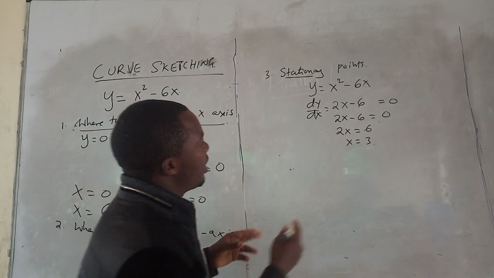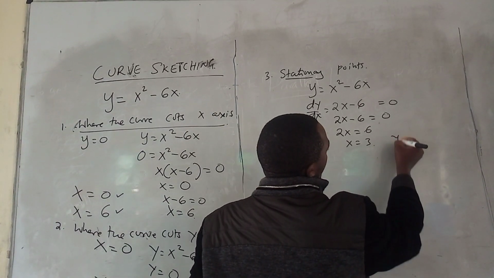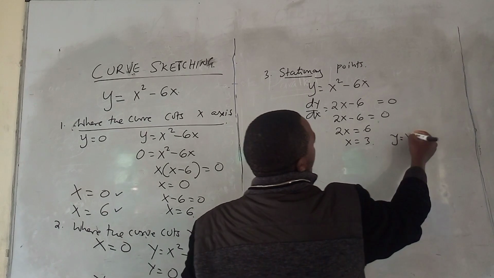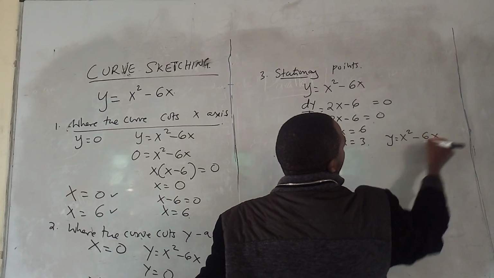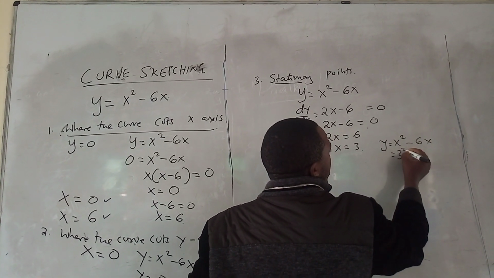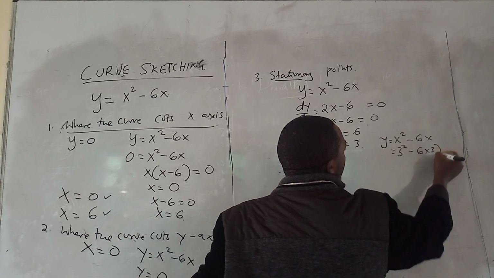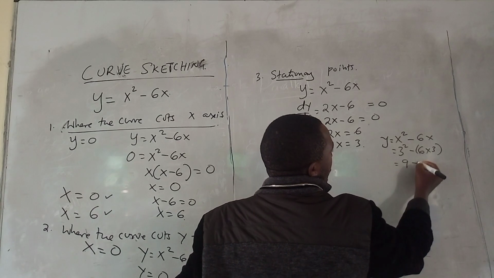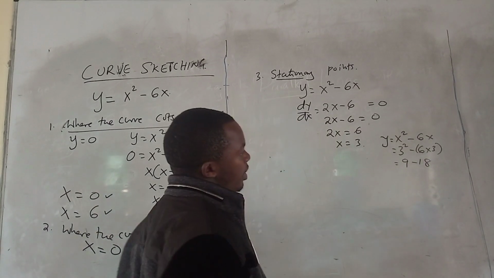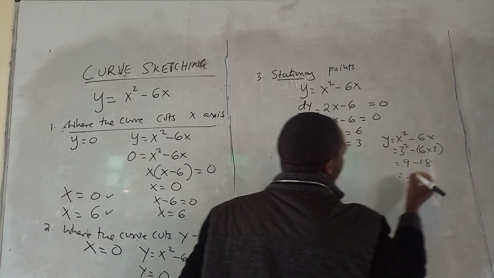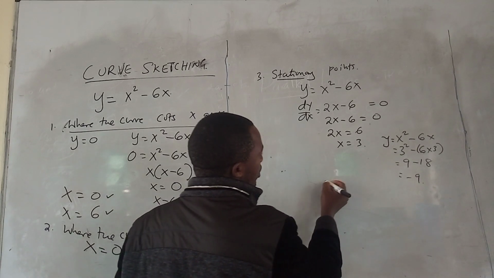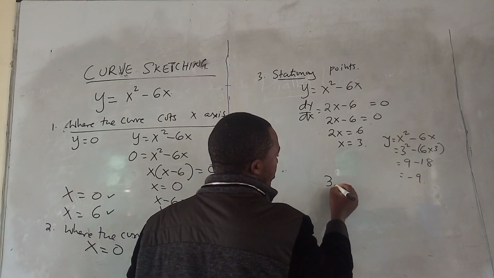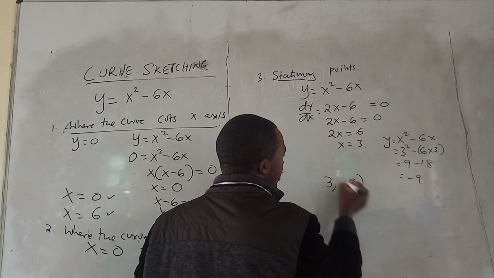I need to get the other one, which is y, equal to x squared minus 6x, the same as 3 squared minus 6 times 3, because I substitute the value of x here, and this is going to be 9 minus 18, which is negative 9. So the stationary point is the coordinate (3, -9).